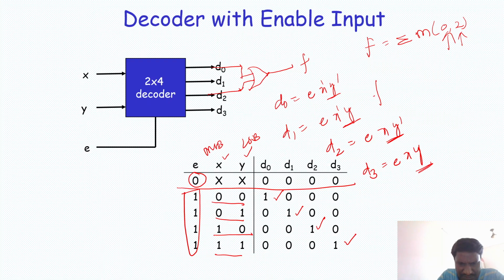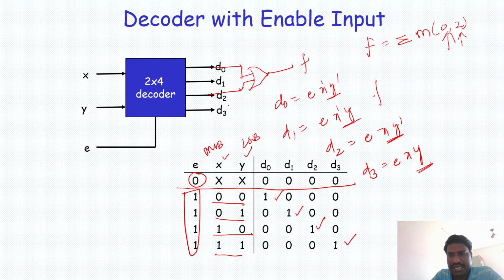For 0, 1 or 1, 0, what is sum? Sum is 1. So what I need to do? To get the sum, I need to take D1 and D2, just put them in an OR gate, then I will get what exactly is known as sum. What is carry? When you are getting carry? AB. So this itself is carry, when these two are ones.